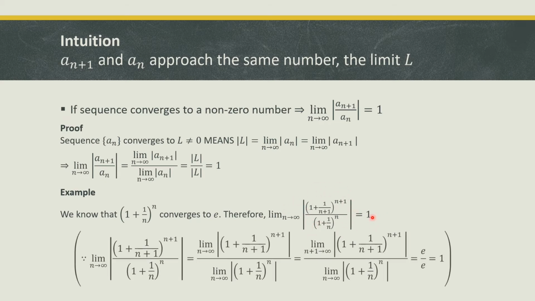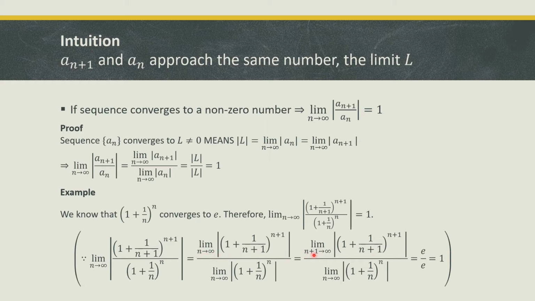And we know that that is true because we can actually do the following. We can take the limit of the numerator and then take the limit of the denominator, because we know that it converges to e. So we first have to know that it converges to e. And then when we do that, in the numerator, n approaches infinity.